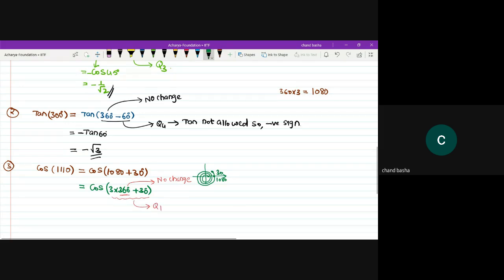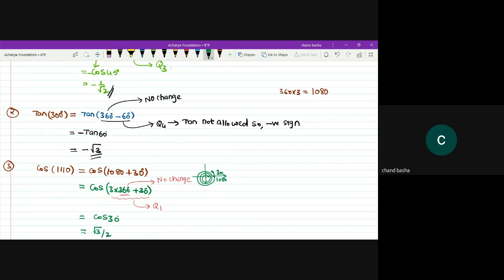So your answer will be, first, no change in the trigonometric ratio. I'll write cos 30 and the sign is also positive, because it is quadrant number 1. Cos 30, your answer from the table, is root 3 by 2.